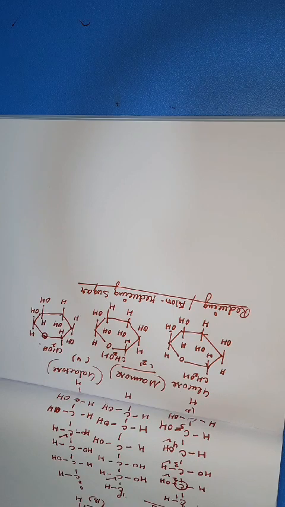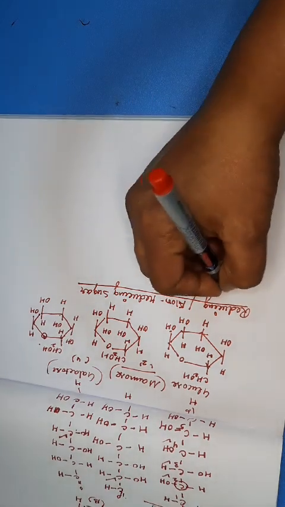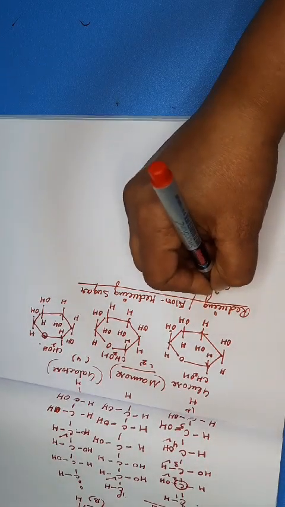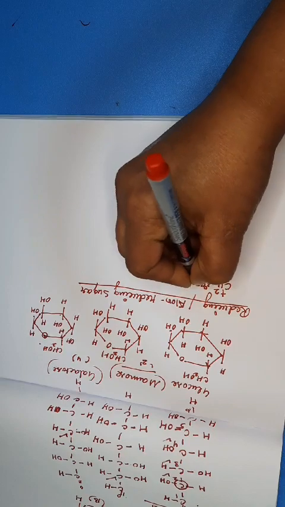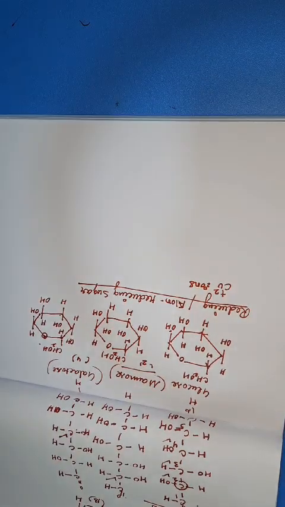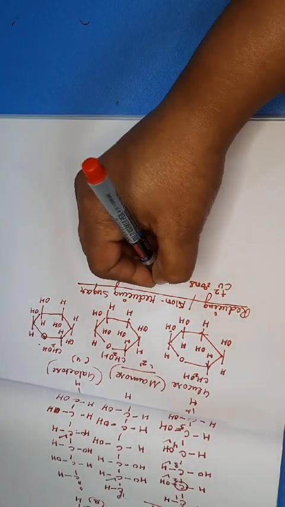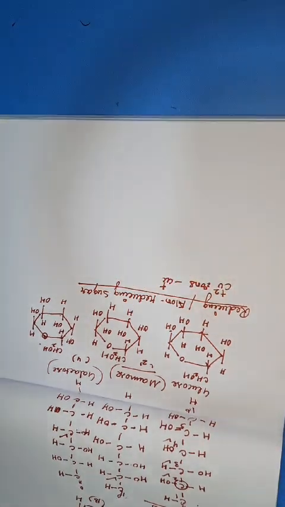The sugars which have a free aldehyde or ketonic group can reduce the cupric ions present in copper sulfate to the cuprous state. So they can change Cu2+ into Cu+.